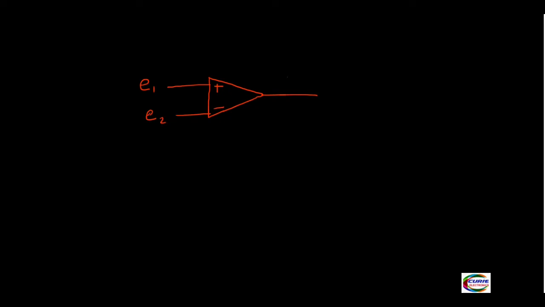The output will be given as V out equals A times the differential input, that is E1 minus E2. This gain for an op-amp is in the range of 10 to the power 6, so it's a very high gain.